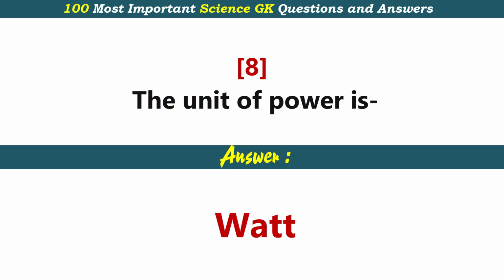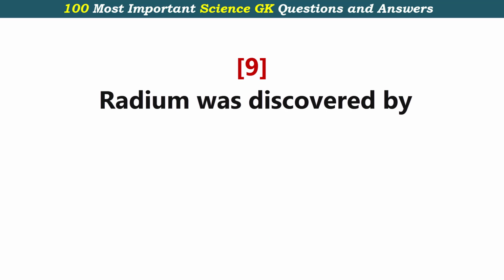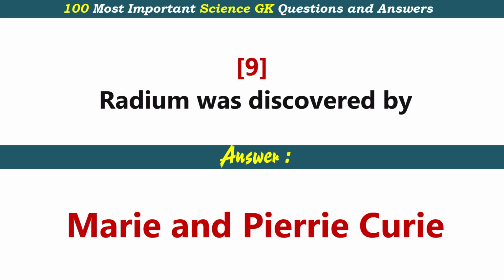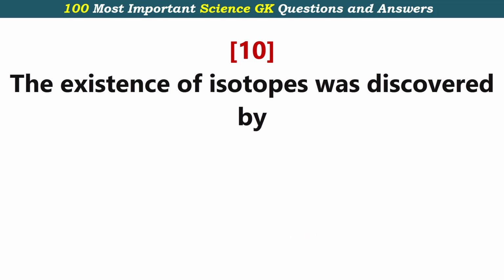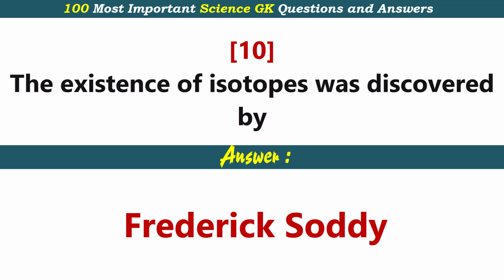Answer: Watt. Radium was discovered by? Answer: Marie and Pierre Curie. The existence of isotopes was discovered by? Answer: Frederick Soddy.